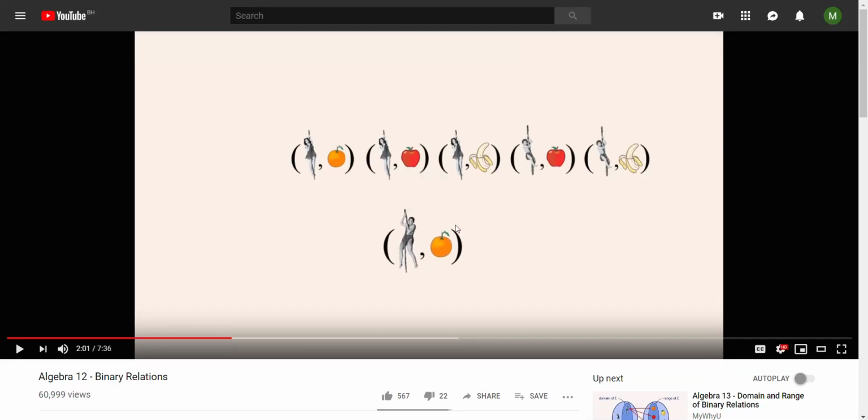So if you swapped the first one, you'd be saying that it's a symmetric relation. In that sense, you have Tarzan liking an orange and the orange liking Tarzan back. So that's a symmetric relation. But it wouldn't make sense saying the orange likes Tarzan. So antisymmetric, and that's what ordered pairs are. You cannot switch them. You need to preserve the order. Now that makes perfect sense. That's what order is all about.